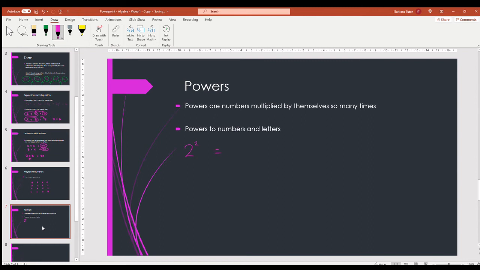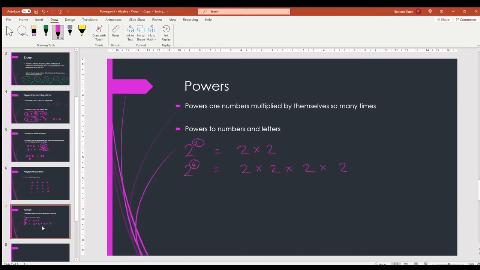It's the same as 2 multiplied by 2. Or let's have a look at 2 to the power of 4. This is the same as 2 multiplied by 2, multiplied by 2, multiplied by 2. So these numbers tell us how many times they are multiplied by itself.